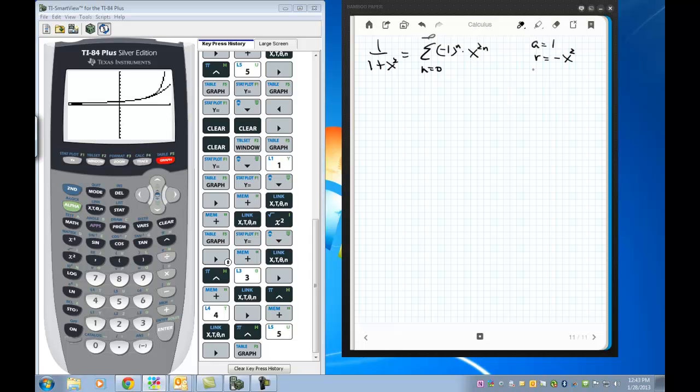And I know geometric series only converge to a over 1 minus r when absolute r is less than 1. So this will converge when the absolute value of negative x squared is less than 1. Absolute values get rid of negatives, so this is absolute x squared is less than 1, which implies this is going to be true when x is between -1 and 1.